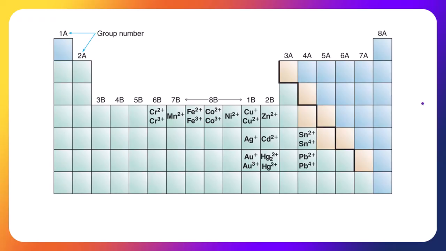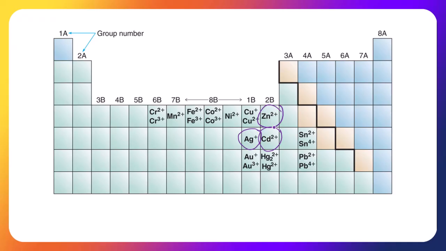Now, there are some that tend to form one particular cation most consistently. For example, silver is almost always +1, zinc is almost always +2, and cadmium is almost always +2.